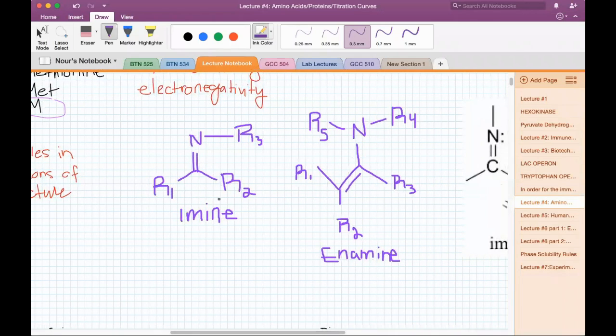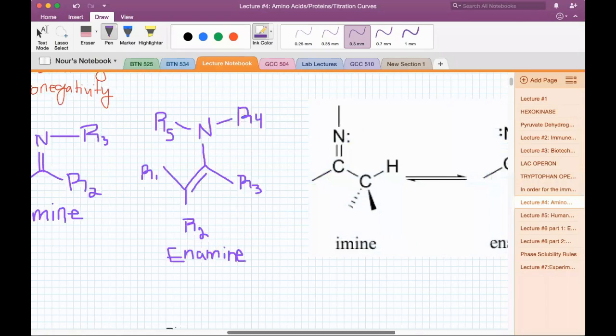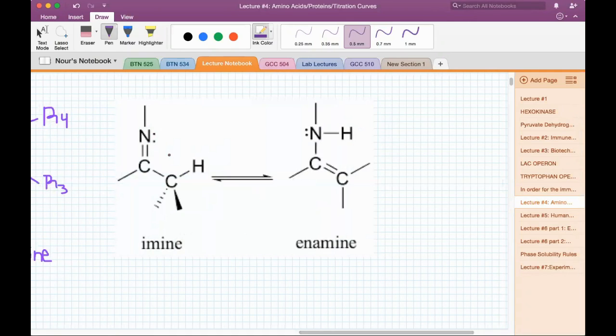And then an enamine is rather this kind of group. So you could see that the difference is, I mean, there's not really much to say. You just have to memorize how they look and how to recognize them. So in this case, an amine is a double bonded N to C, and then this is an enamine, so you transfer the double bond, and then it's a double bond here.